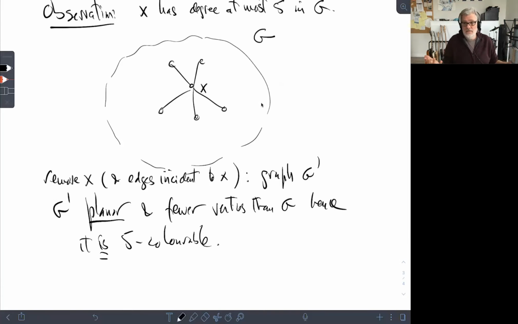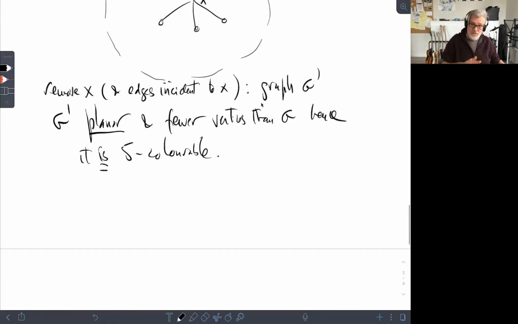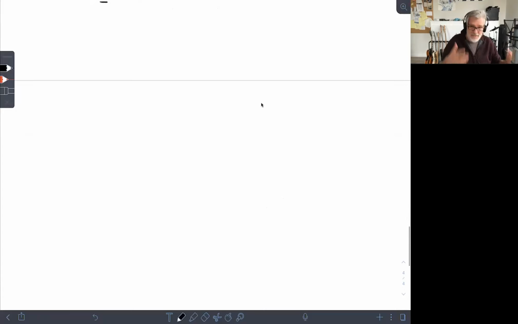So you look at it, and your job as a mathematician, doing induction, is you say, aha, if I can take this coloring with one vertex missing, I put back X. If I can find the right color for X, I win, right? I'll get my contradiction because I'm not supposed to be able to color G. Okay, so let me just illustrate what I'm trying to say, but that's the whole general idea.